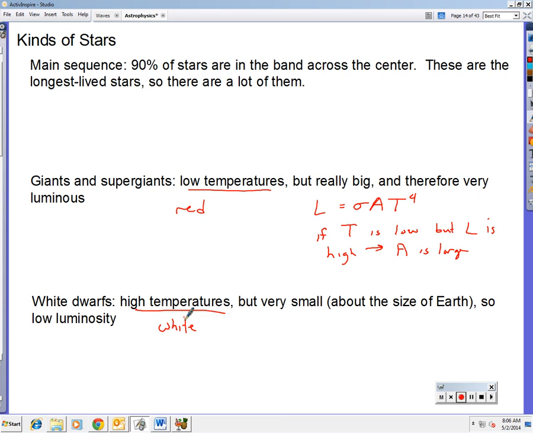And once again, in this equation, if T is large but L is small, that implies that the surface area has to be small. And these white dwarfs have a radius approximately the same as Earth. So by star standards, they are tiny. But they're very, very high temperatures, and so the name is white dwarfs.